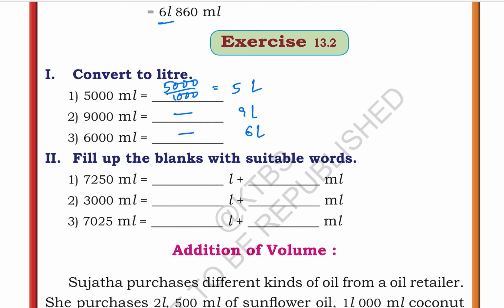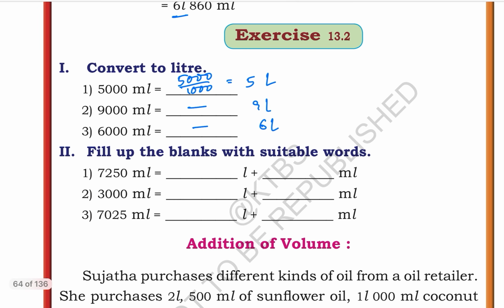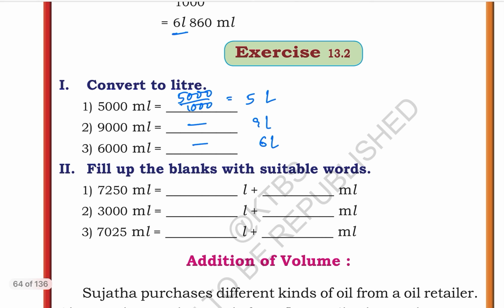Here, fill up the blanks with suitable words. Same, in this one you separate the 1000 place value and write. See, in 1000 place value what is there? 7. So 7 liter and 250 milliliter. Just see the place value of thousands. That is the number of liters.